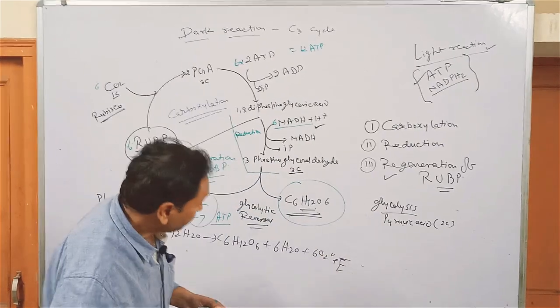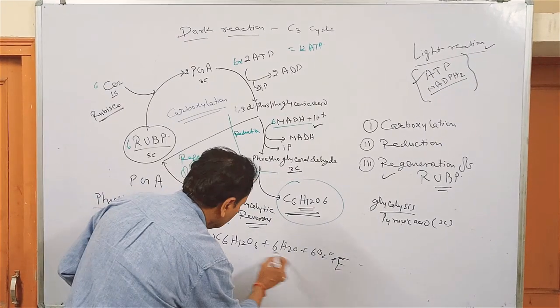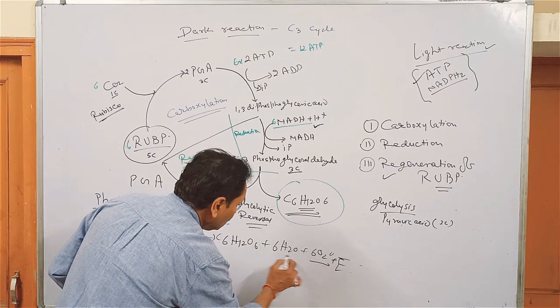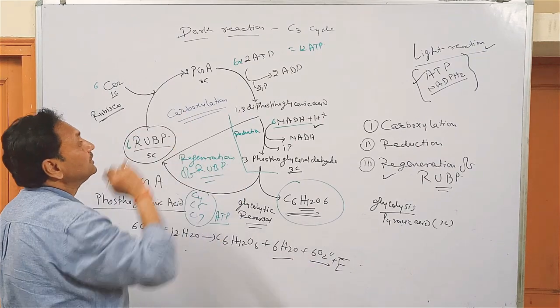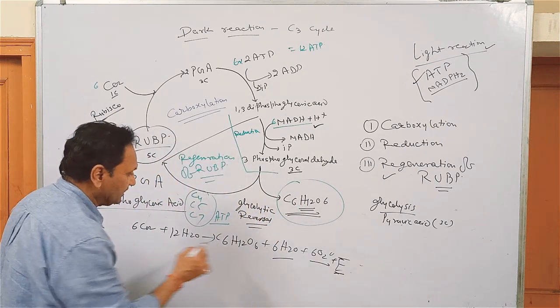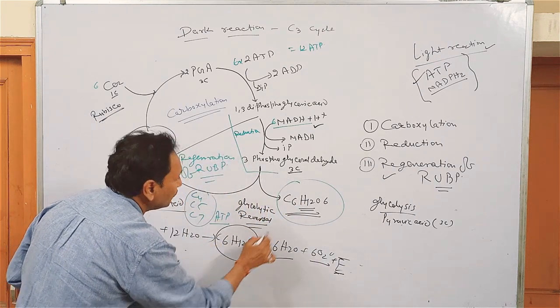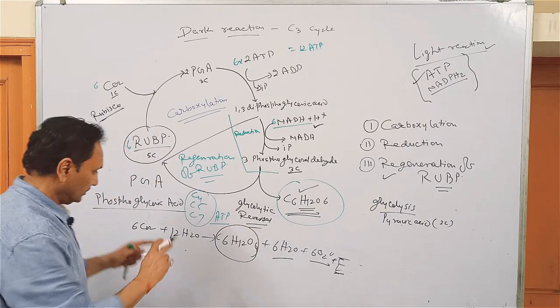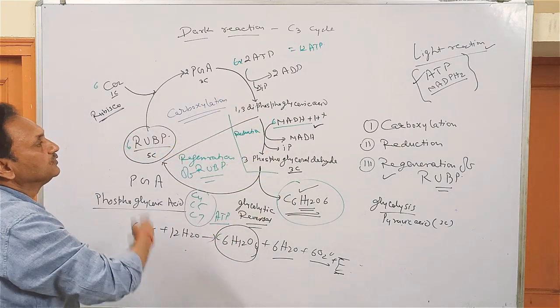And we have discussed previously that O2 and H2O are produced in the light reaction, energy is produced in the light reaction, and C6H12O6 is produced in the dark reaction. So this is the whole of photosynthesis.